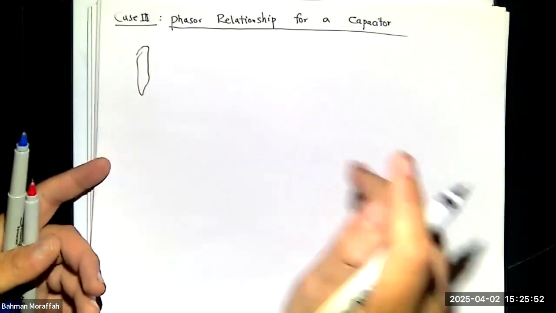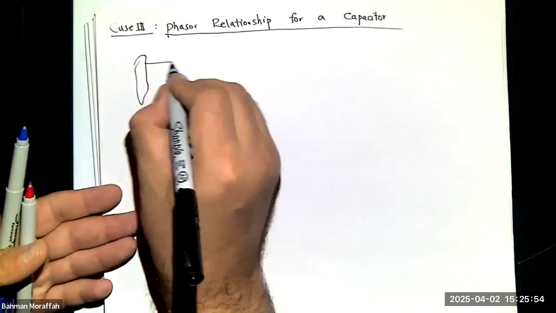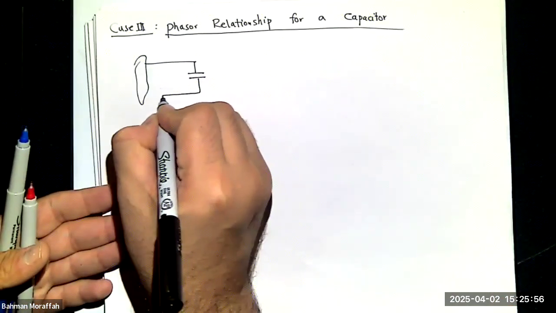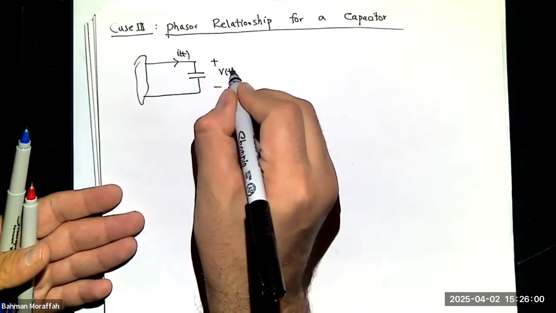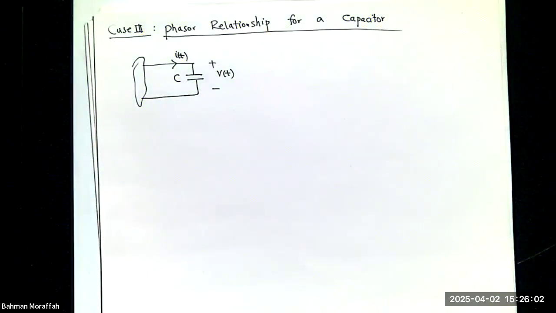Again, let's just assume I have a capacitor. Let's just say current through it is I(t), voltage across it is V(t), the value of capacitor is C. Right? This time, let's just assume V of t is a sine wave. Doesn't matter, right? Because if one of them is a sine wave, the other one must be a sine wave as well. So let's assume my voltage is a sine wave.